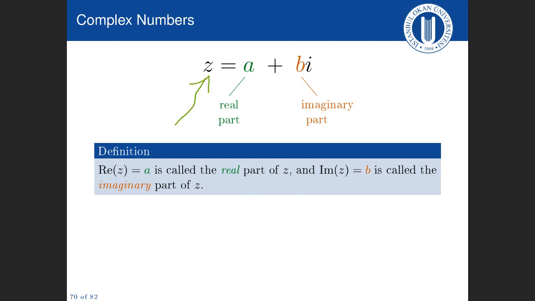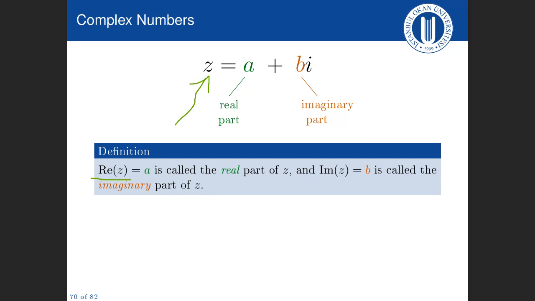For real numbers, if there's just some number, we usually use the letter x. For complex numbers, we usually use the letter z. So we can be writing things like z is equal to a plus bi. The first real number, the a, is called the real part of z. We write that as Re of z. And the second real number, the b, is called the imaginary part of z.